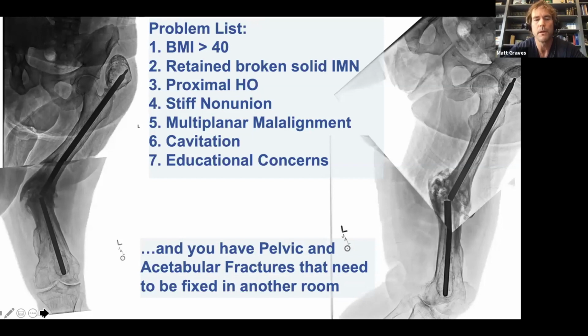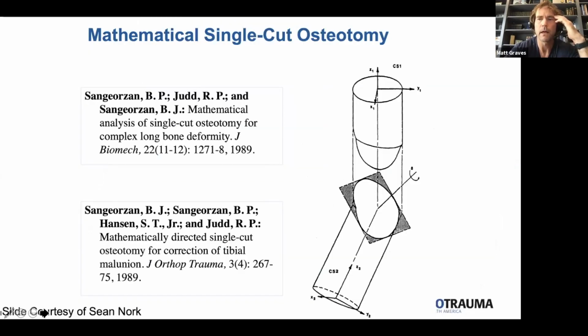And so, as you know, this talk was originally supposed to be a combination of a single plane mathematically derived osteotomy and a clamshell osteotomy. And so Sean Nork is going to cover the single plane mathematically derived osteotomy, or the single cut mathematically derived osteotomy, which was described by Sangeorzan and is incredibly elegant.